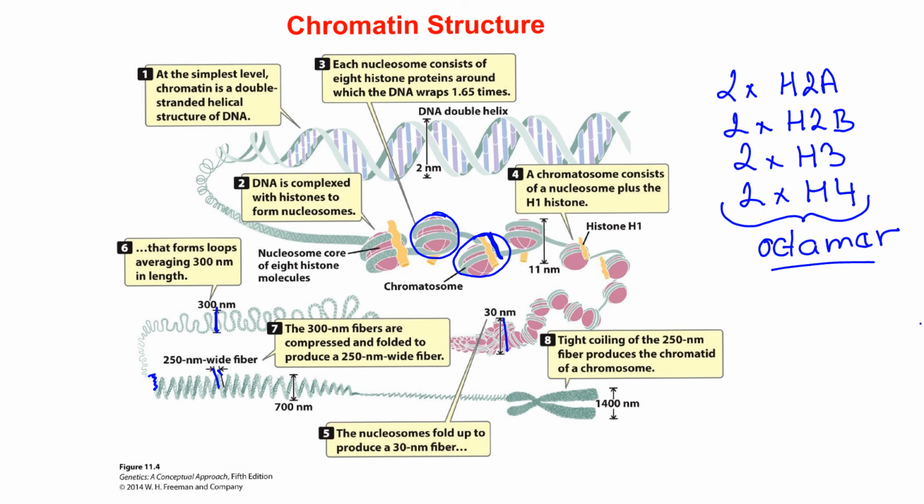So each chromosome you can observe in metaphase, in mitosis, has one chromatid which has a 700 nanometer width and a second chromatid which also has a 700 nanometer width. So you can see that this is extremely condensed chromatin which you can see during cellular reproduction, during metaphase of mitosis or meiosis.